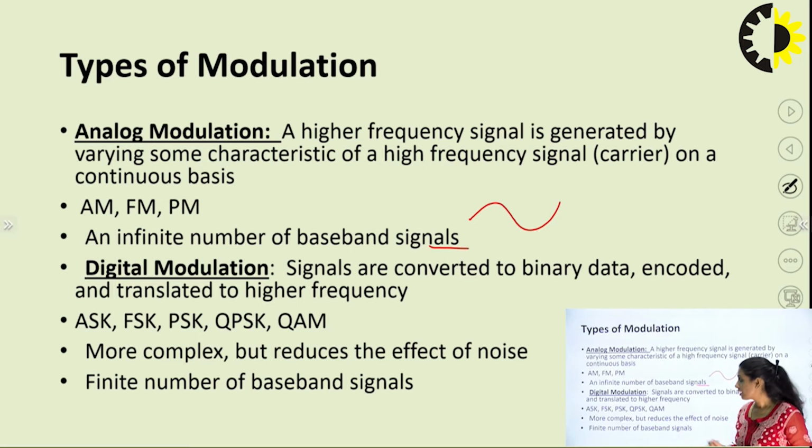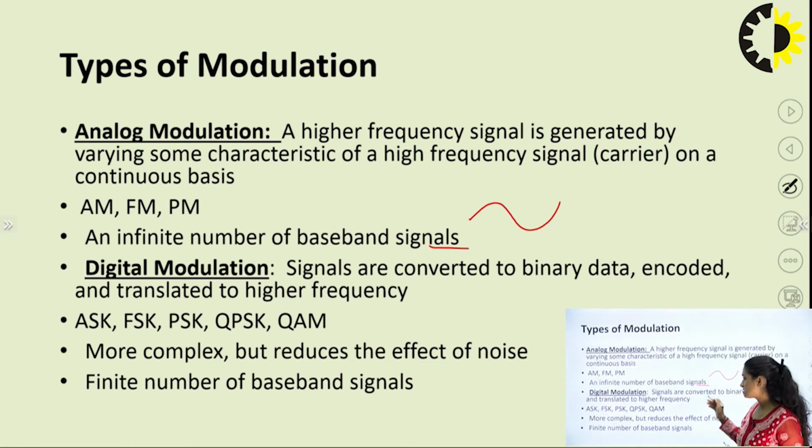In digital modulation, signals are converted into binary data. We know that all naturally available signals are analog in nature. So if I am trying to perform digital modulation, first my signal has to be converted into digital form. We'll be talking about the conversion of a signal from analog to digital form when we discuss digital modulation after analog modulation.